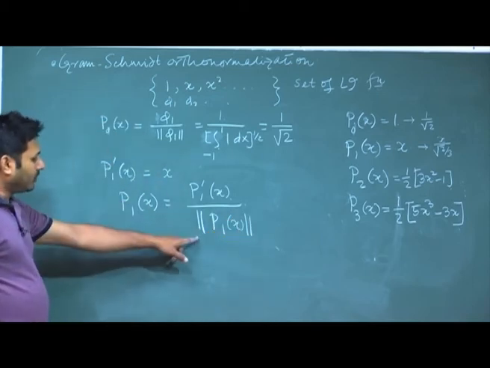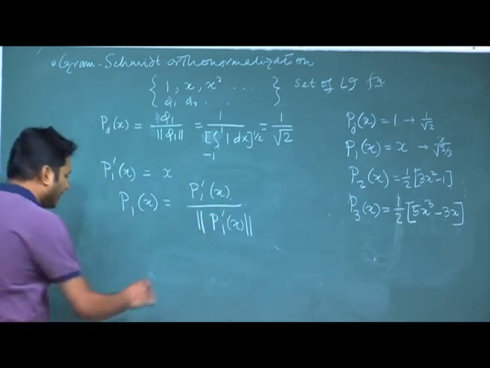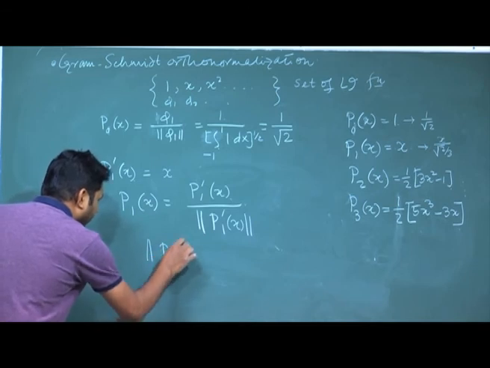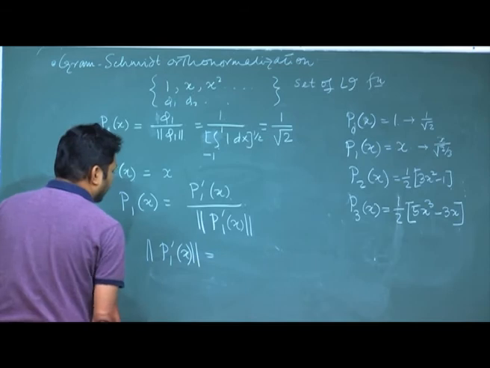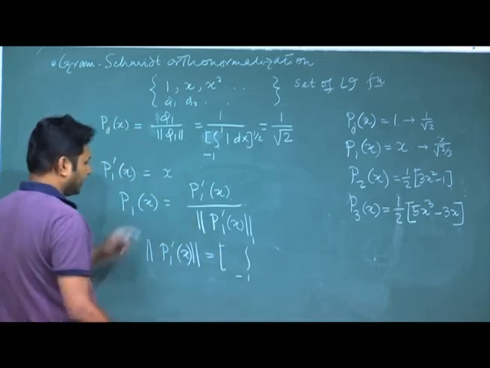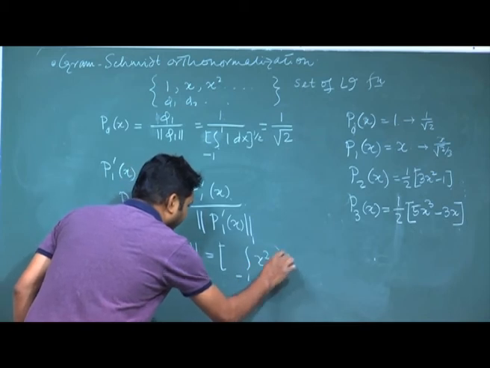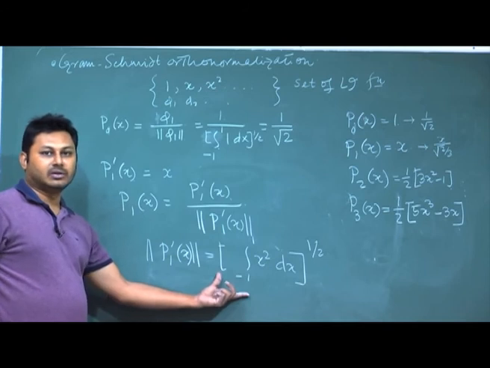And what is the norm of p1 prime? It is the integration from minus 1 to 1 of x square dx, whole to the power half, because I am taking the norm.